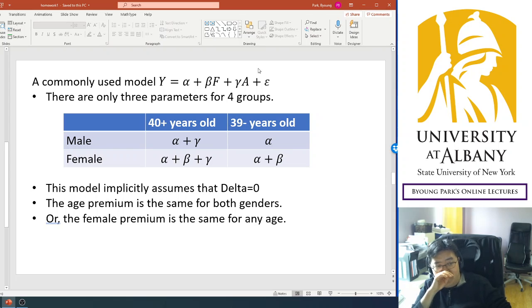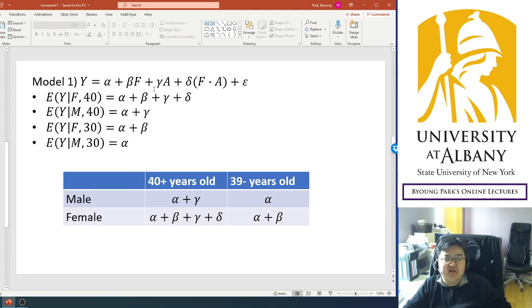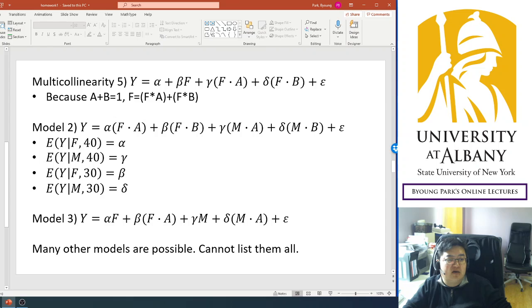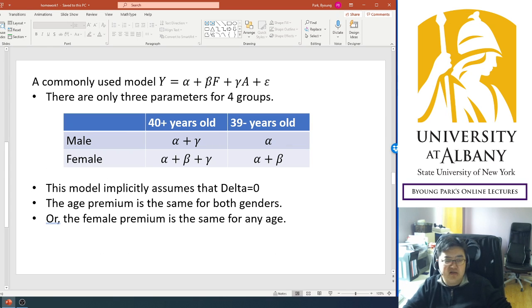Some people say this model is saturated, and this model is not. It is not fully general, because your assumption may be wrong.